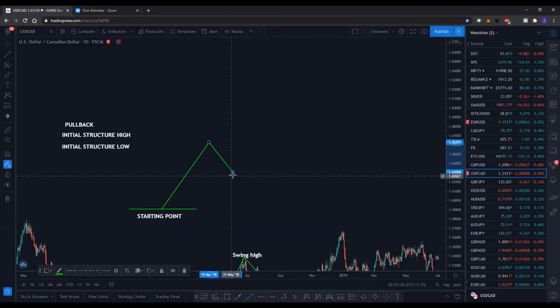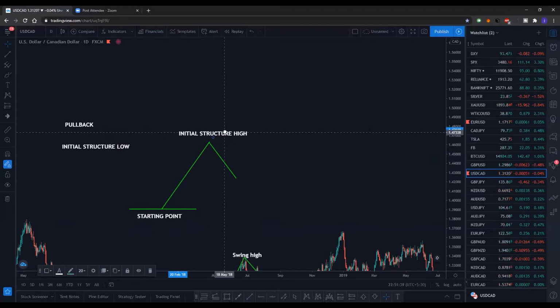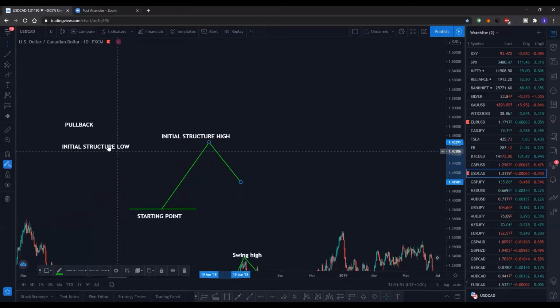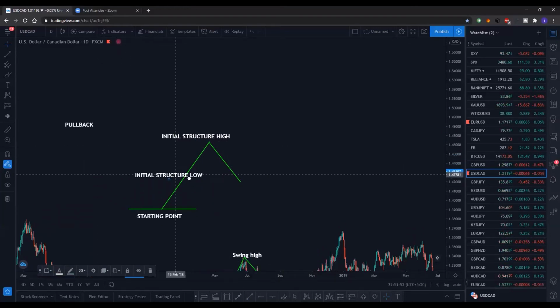It's all the same. So when the market does a relief like this, we call this the initial structure high, or you can say the initial swing high, whatever you're comfortable with. And this will become the initial structure low.